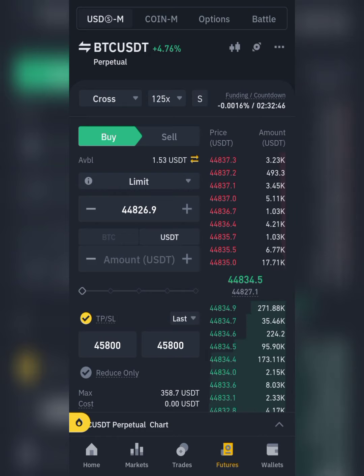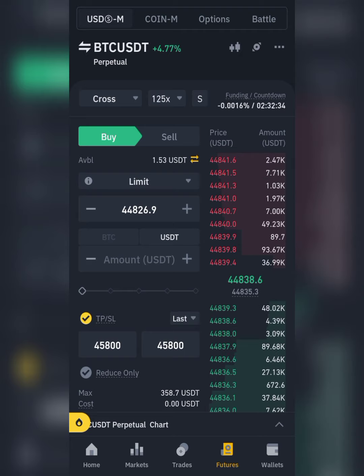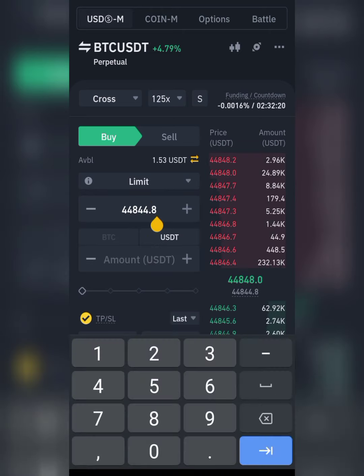Right in this video, you can see here that the current market price of BTC USDT is 44,826.29 and fluctuating. That is the current market price. Now, if you want to buy low, let's say you want the price to go to 43,000 and buy, you can actually do that, but you have to do it on limit. Make sure you're on limit here, and then reduce the price.